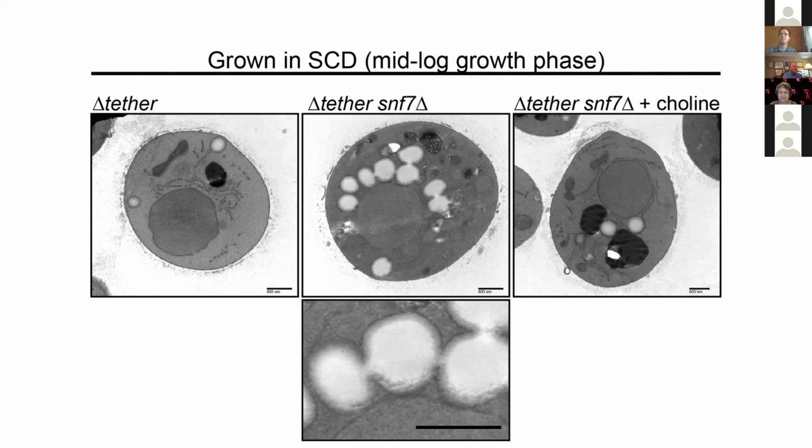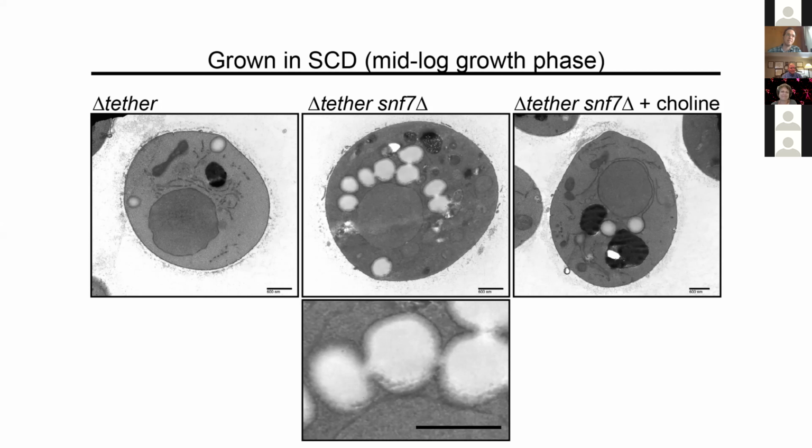Hi, I'm wondering where does SNF7 localize in the delta tether cells? So its localization is mostly similar to wild type cells. It primarily localizes to endosomes. And there's also a small cytoplasmic pool. But in the delta tether strain, there's also slightly more SNF7 at the plasma membrane.